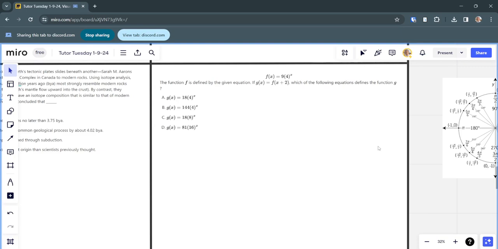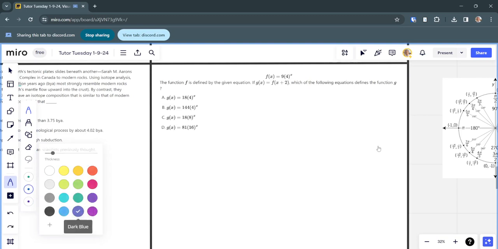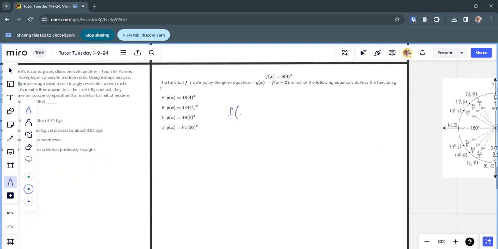Well, g is just f of x plus 2, meaning anywhere we see f of x, we have 9 times 4 to the x. When we have f of x plus 2, we have 9 times 4 to the x plus 2.